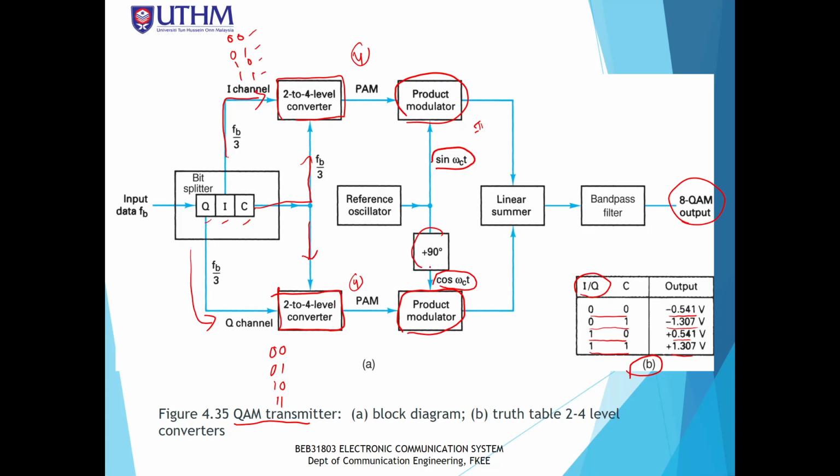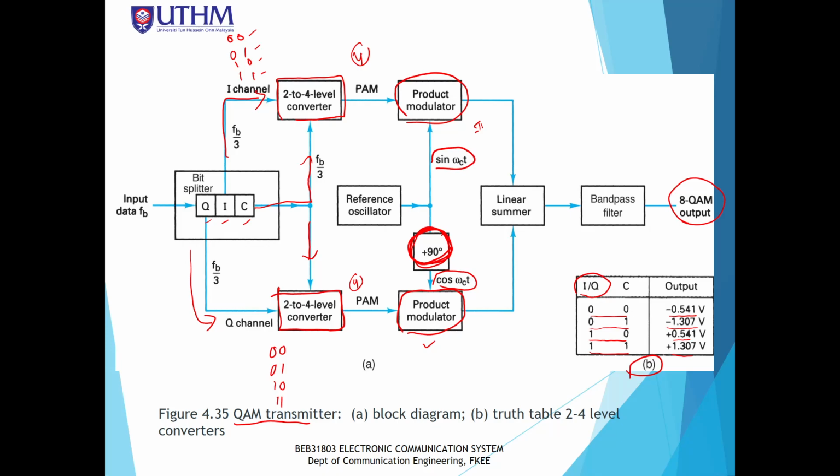So this is a phase shifter, a 90-degree phase shift. A 90-degree phase shift of sine will be cosine. Okay, perubahan 90 darjah kepada sine wave menghasilkan cosine wave. So the Q channel will use a cosine function.